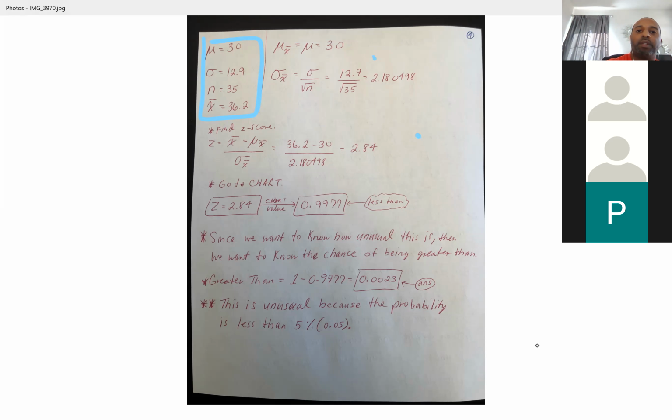So that means the mean of our sampling distribution is 30. And the standard deviation of our sampling distribution will be 12.9 divided by the square root of 35, and that's 2.180498. Excuse me. So then once you do that, define your z-score.